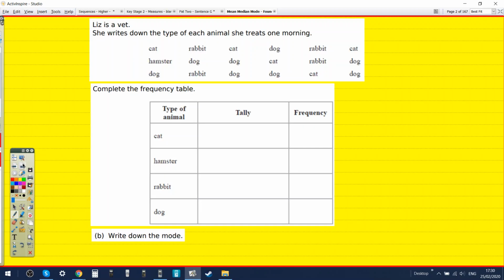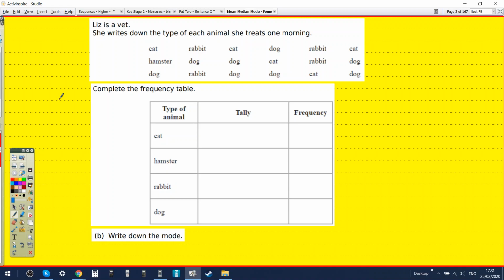How do you do this? Complete the frequency table.